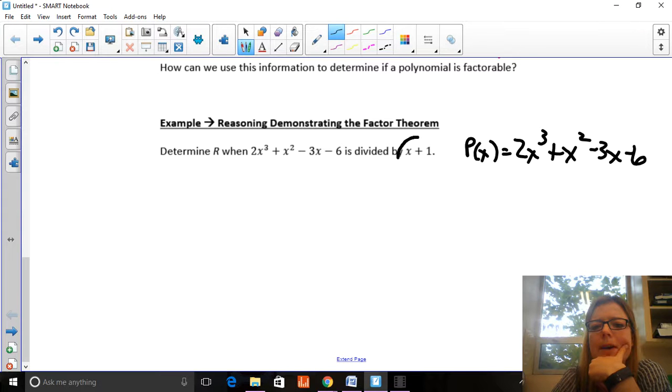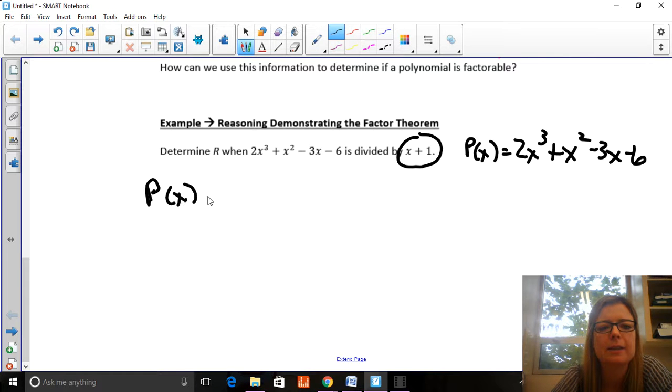And I want to divide it by x plus 1, okay? So watch what happens when I use my definition above. So p at x equals q at x times x plus 1, because that's what I'm dividing by, plus my remainder.